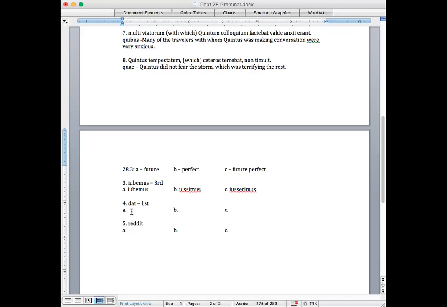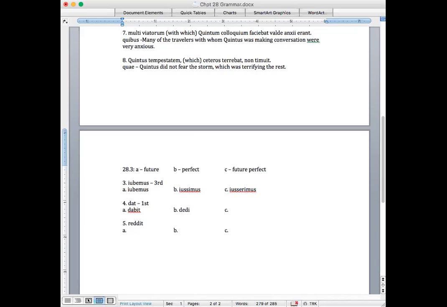So the future of dat is going to be, we need a BI. So dabit to keep the third person singular. The perfect form is slightly irregular. If you're looking at the third principal part, you can see that it's dedi.